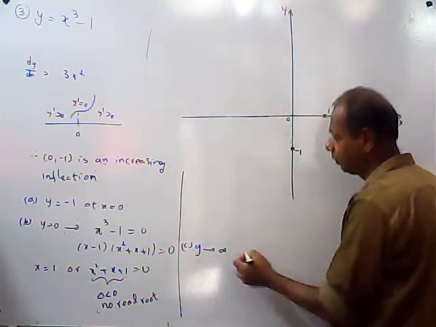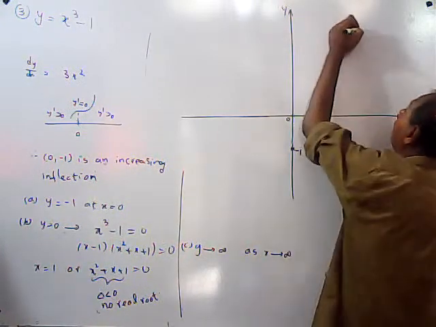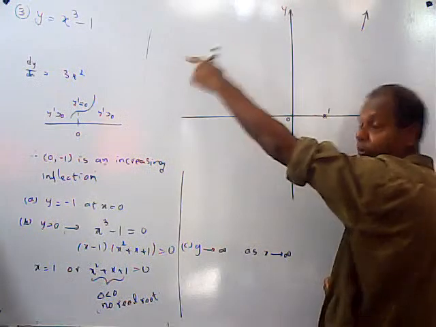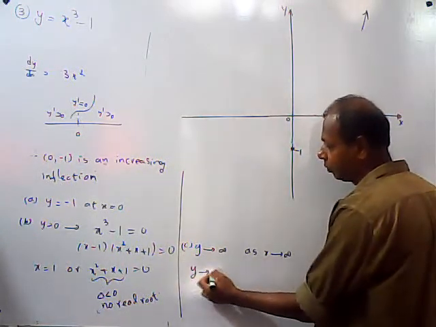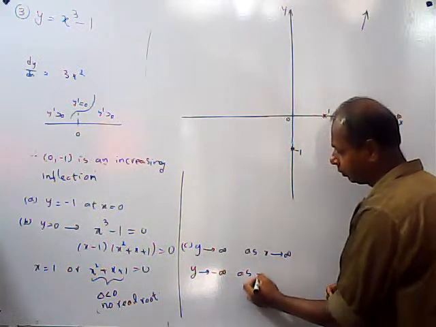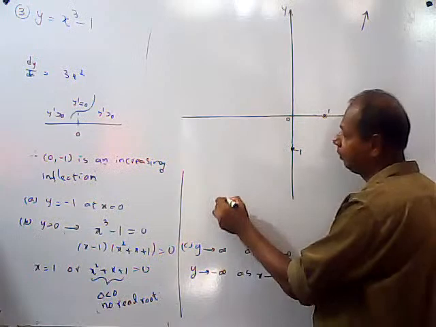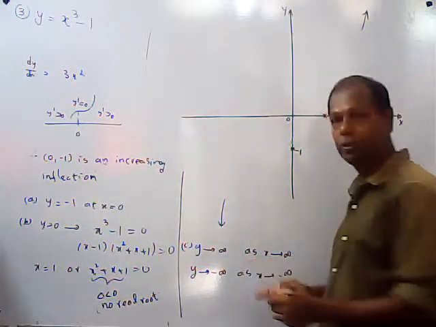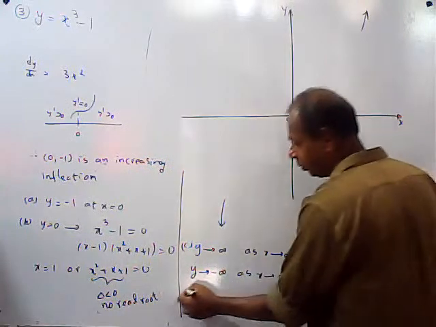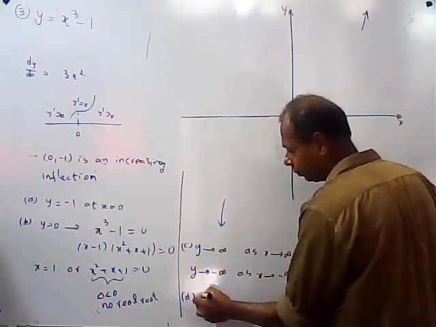y goes to positive infinity as x goes to positive infinity, very quickly because it's x cube. It goes very rapidly. y goes to negative infinity as x goes to negative infinity, again very rapidly because it's x cube, right? So no horizontal asymptote. Similarly, no vertical asymptote.